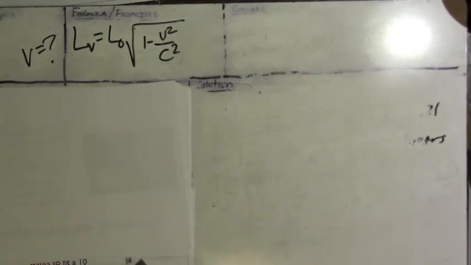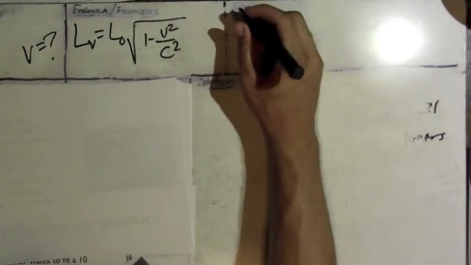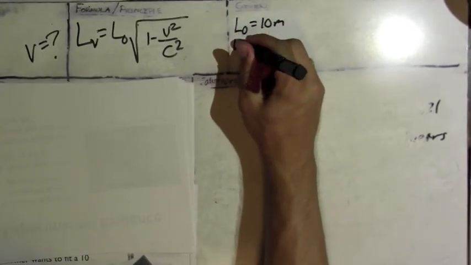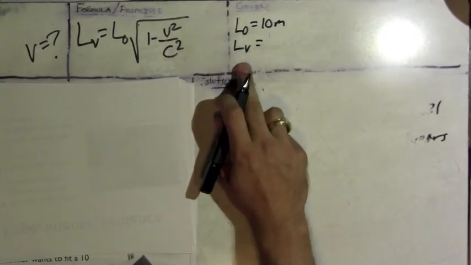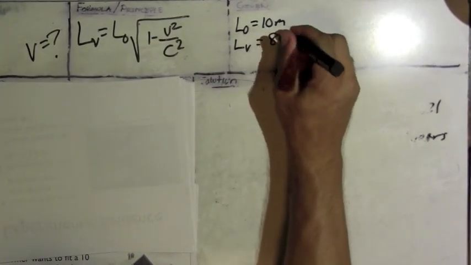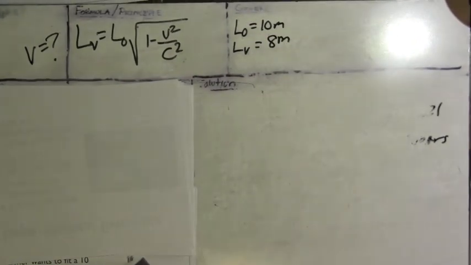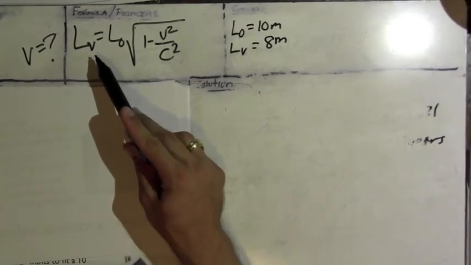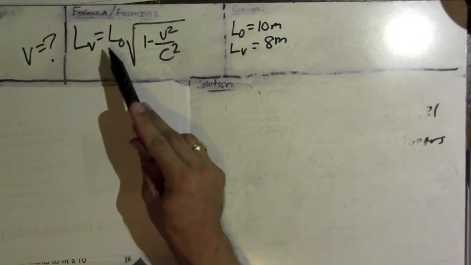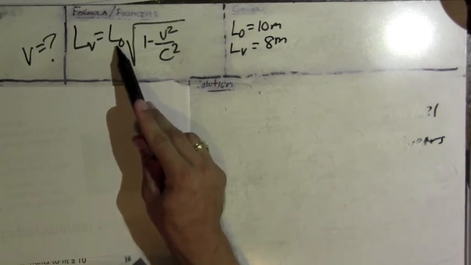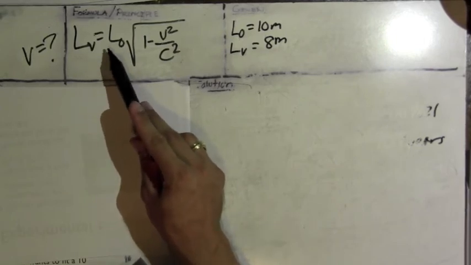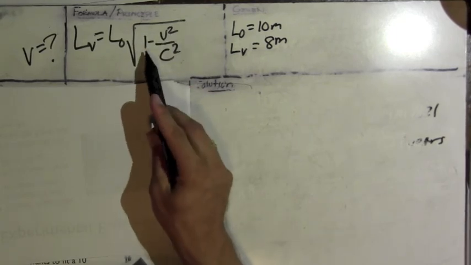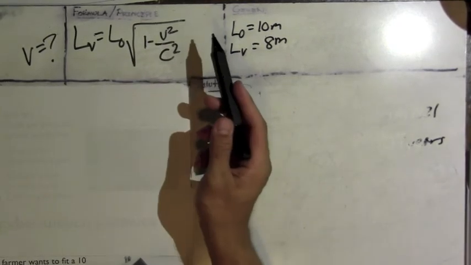You should realize that the original length is 10, and that the other value has got to be 8, the length at a certain velocity. This is actually really important because you should recognize that if I were to plug 10 here and 8 here, to get 8 to equal 10, I'd have to multiply by a number bigger than 1, which cannot be, because you're taking 1 minus something and then taking a square root.